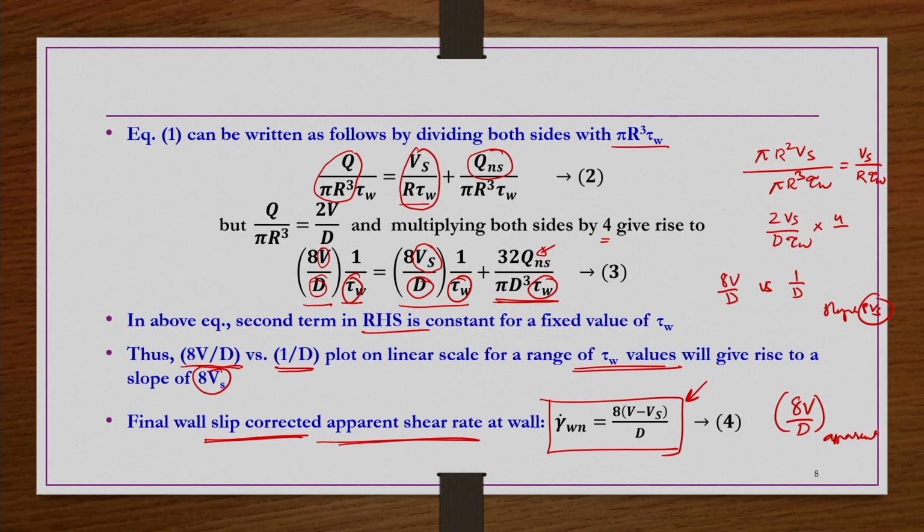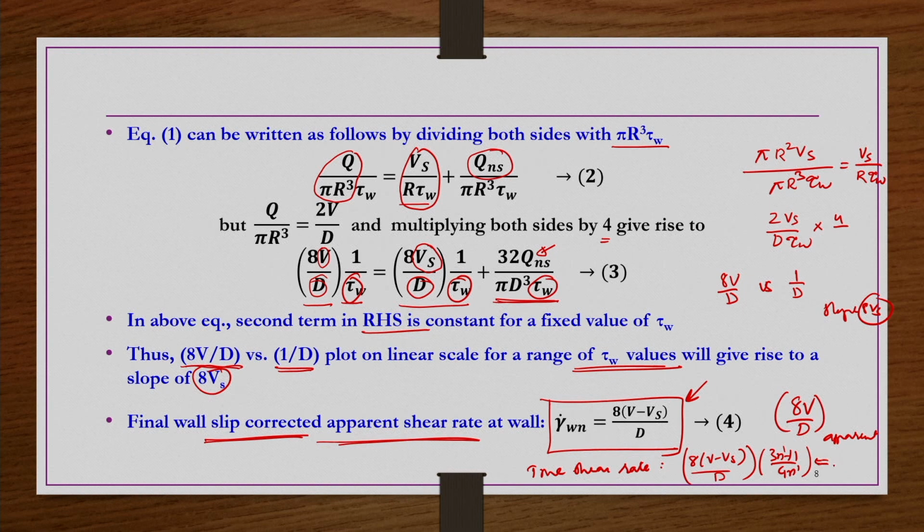Okay. So, for the true shear rate, you again have to calculate (3 n prime plus 1) by 4 n prime and multiply it. True shear rate after making wall slip corrections will be 8 (V minus Vs) by D multiplied by (3 n prime plus 1) by 4 n prime.